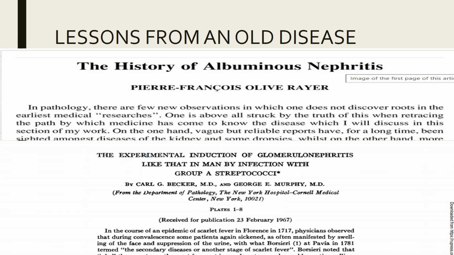It traces the history of the people that actually proved, firstly, that scarlet fever was caused by streptococcal infection, and then finally we get to this paper that is an experimental study that simulated post-strep glomerulonephritis pathological features in rabbits. So these guys injected antigen antibody complexes into rabbits, and they were able to simulate the pathological features that are seen in post-strep glomerulonephritis. Very interesting paper.